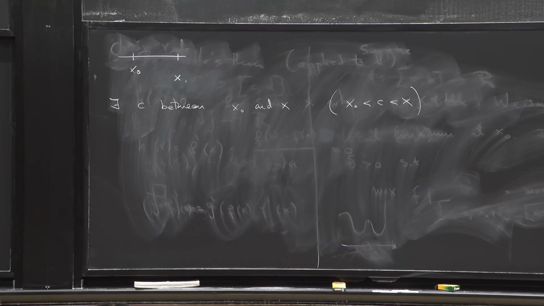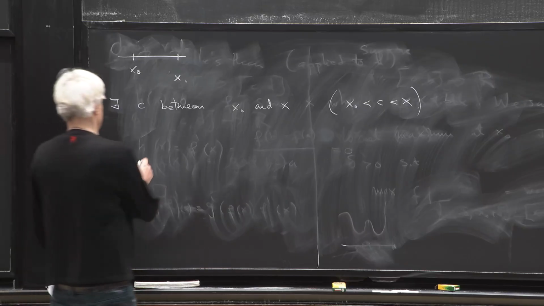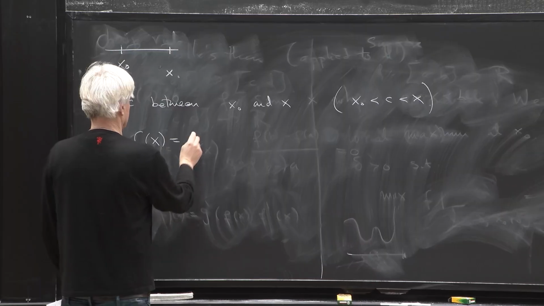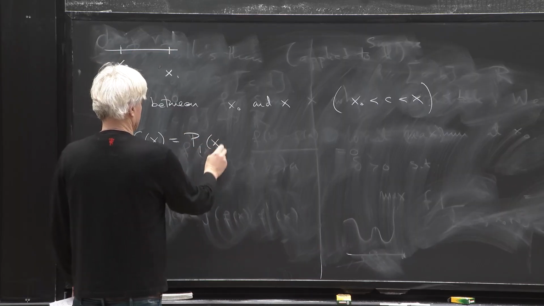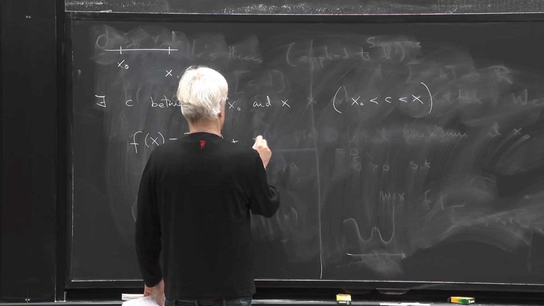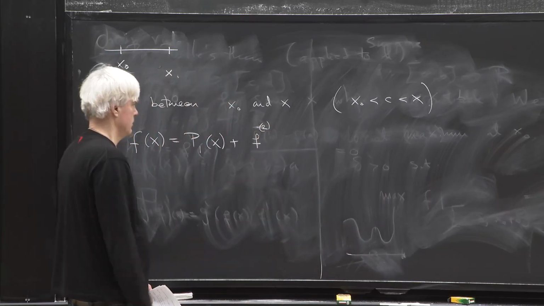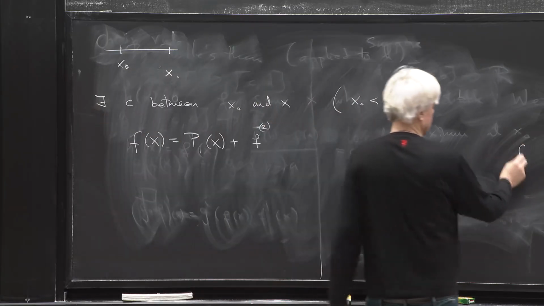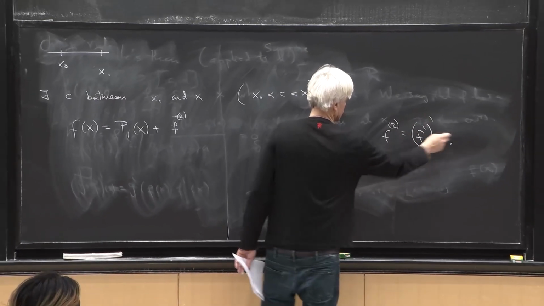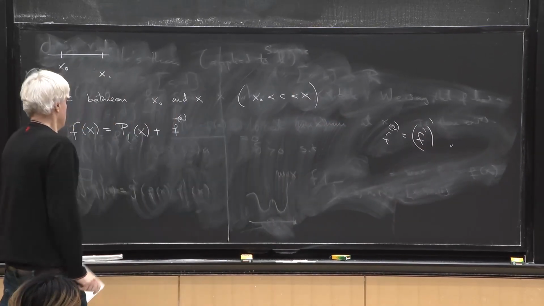So there exists some c in between these two, so that f of x is equal to this Taylor polynomial plus the second derivative. So f2 here is the derivative, and then you take the derivative again.